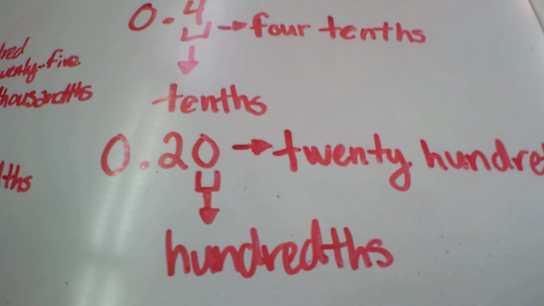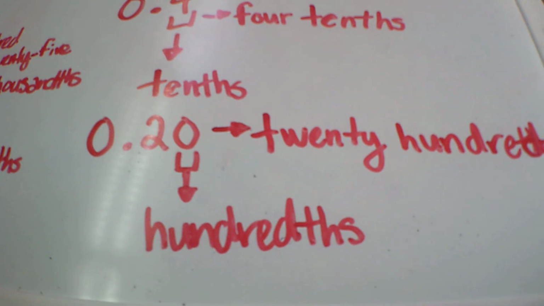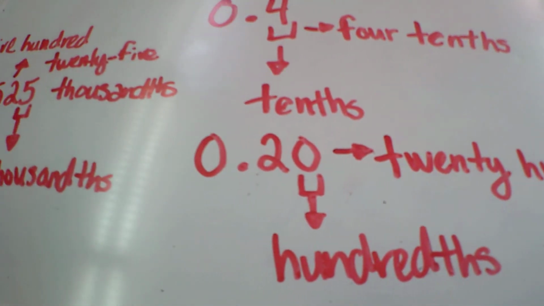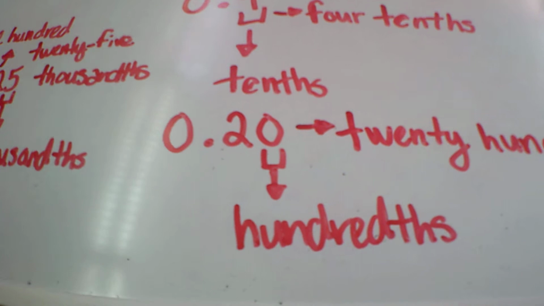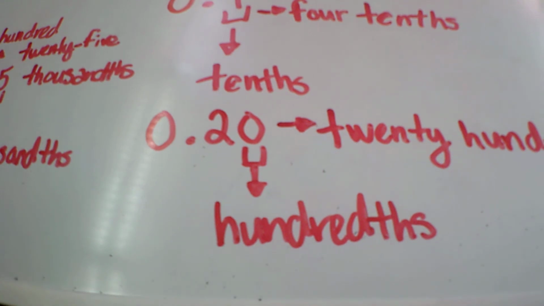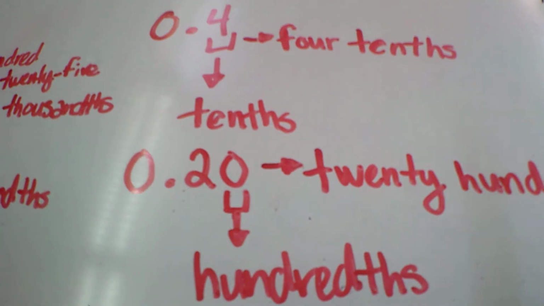So please make sure you go over your decimals and your place values and remember that, because that's really important, especially when you're converting decimals to fractions. It's a lot easier converting decimals to fractions by knowing what the place values are.